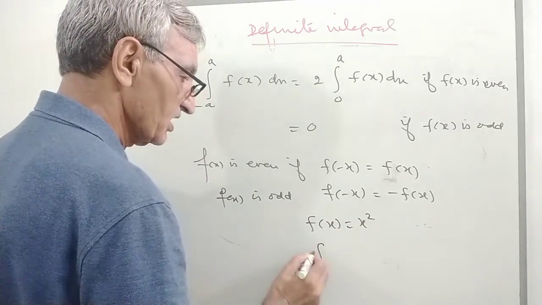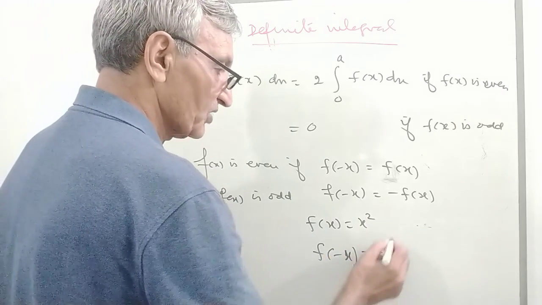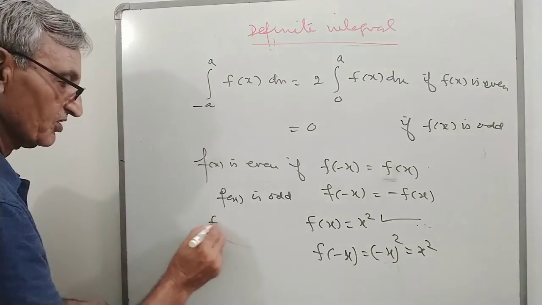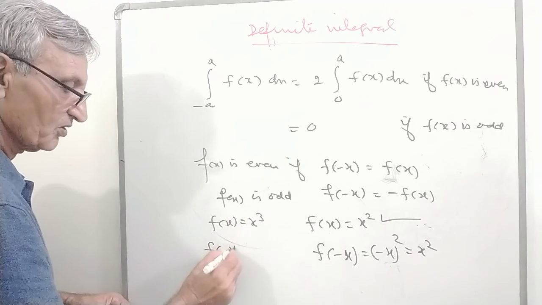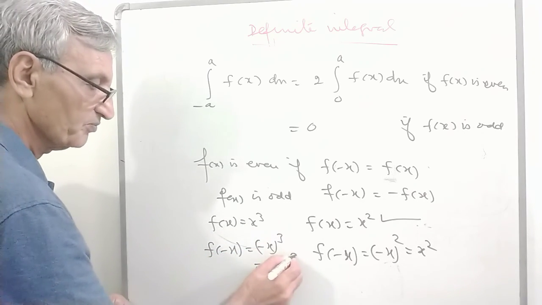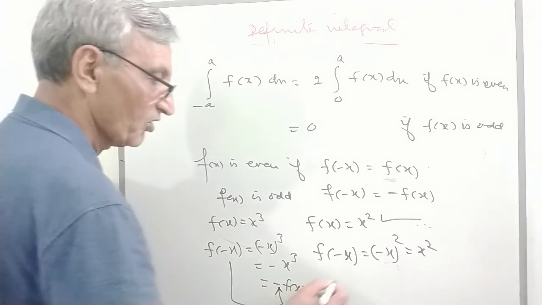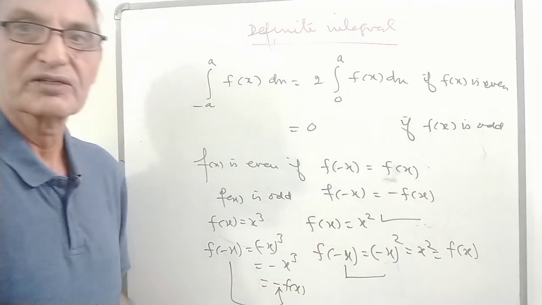This function is even because putting minus x, minus x the whole square is equal to x square. What about f(x) equal to x cube? f(minus x) is minus x the whole cube, equal to minus x cube. This is equal to minus f(x). This is the condition for odd, and this other is the condition for even.